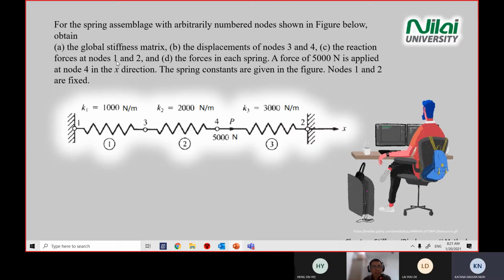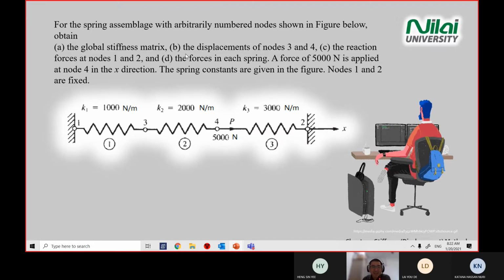Yes, it's a capital F. Correct. And then D, forces in each spring. Each spring means we look at a small element, so we have a small f.